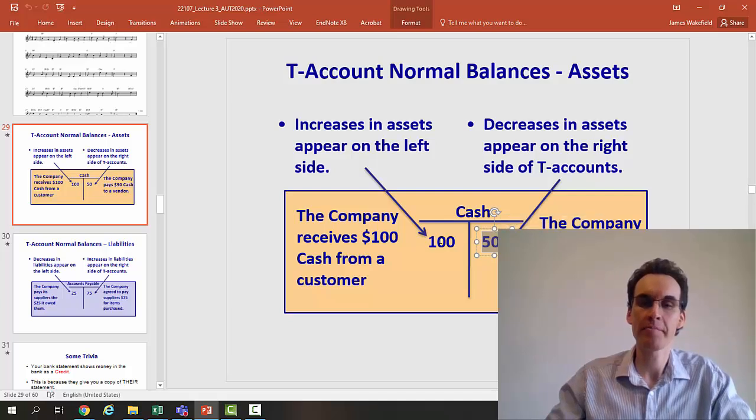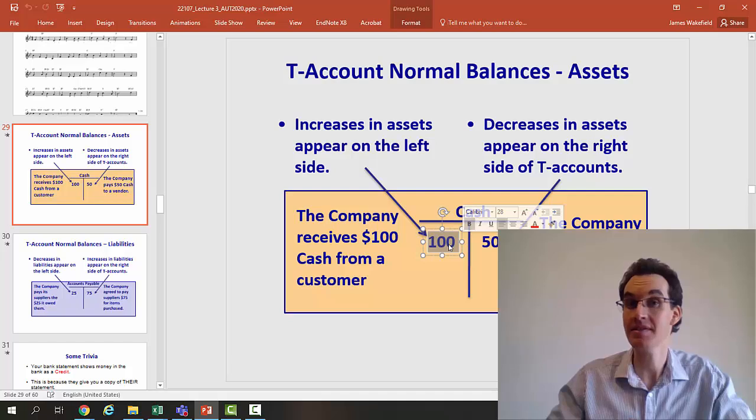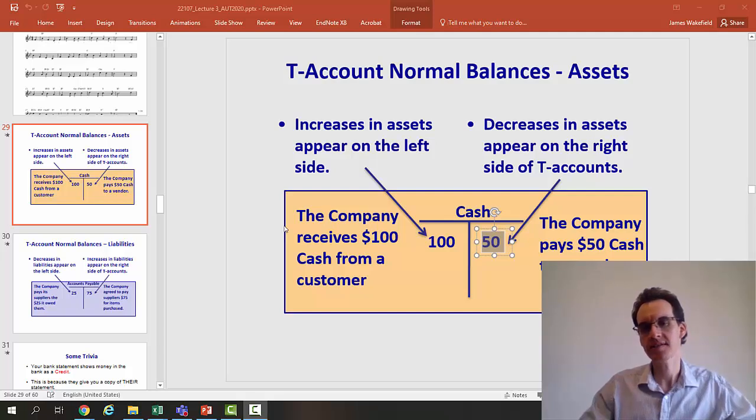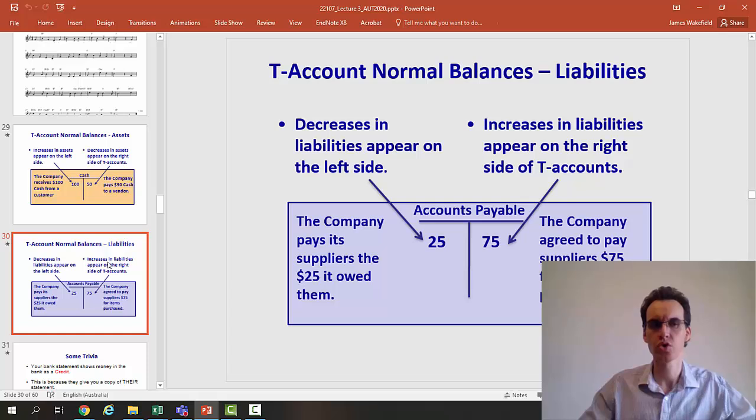So therefore, the balance of this asset account always has to be on the debit side only. Okay? The lowest balance it can obviously have is 0, but it can never enter the credit side. So when we look at these T accounts here, if we shift and move on to liabilities. Now, in the liabilities account, you either have a liability or you have no liability.